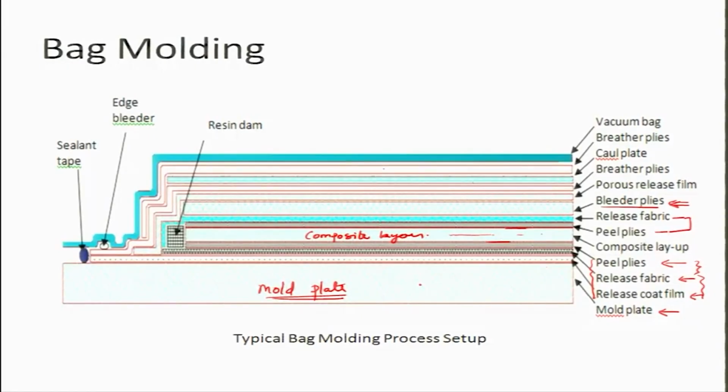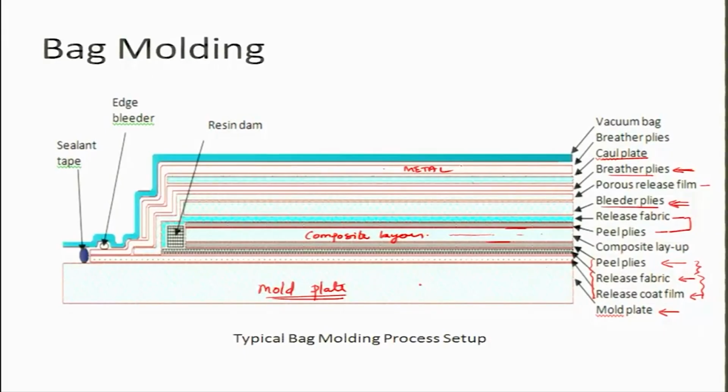And then on top of the bleeder plies you have again a layer of release film and breather plies. The bleeder plies allow the flow to go through and absorb it, and the breather plies are placed so that all the extra air can get out. Then on top of it you have a caul plate, which is again a thick metal plate.